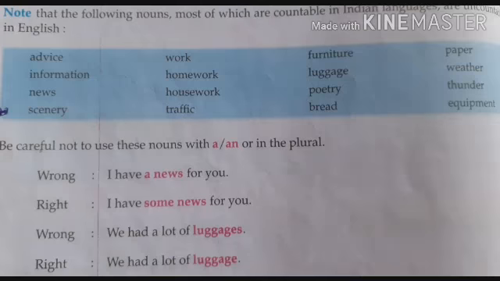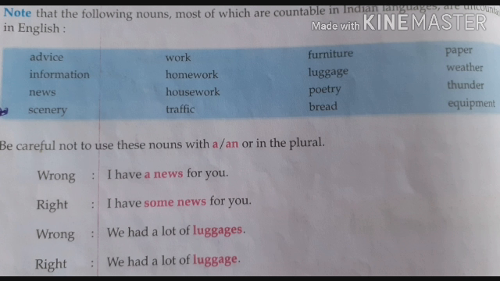Now look at the box. In the box, the following nouns are given, most of which are countable in Indian languages, but they are all uncountable in English: advice, information, news, scenery, work, homework, housework, traffic, furniture, luggage, poetry, bread, paper, weather, thunder, equipment.